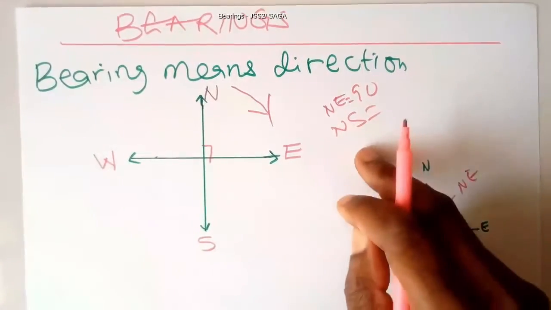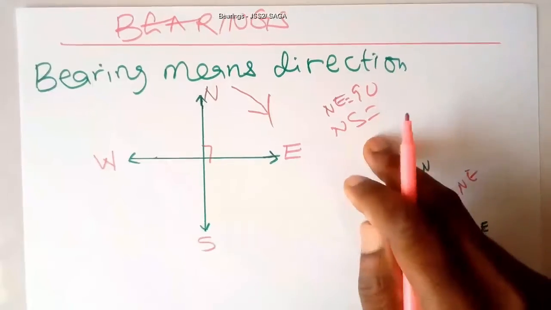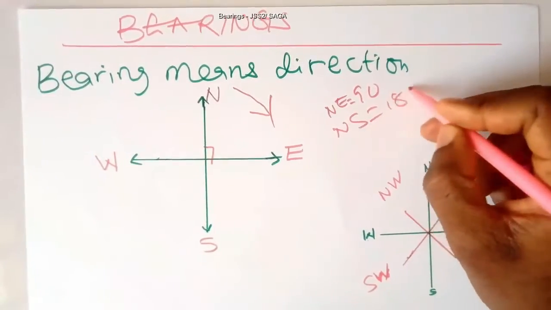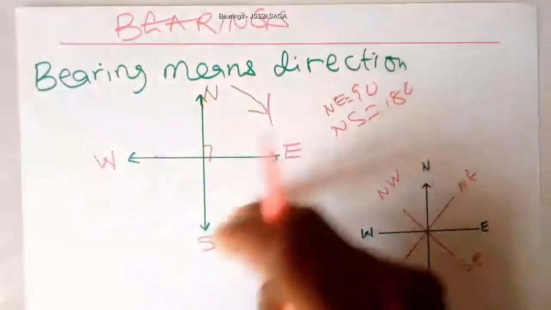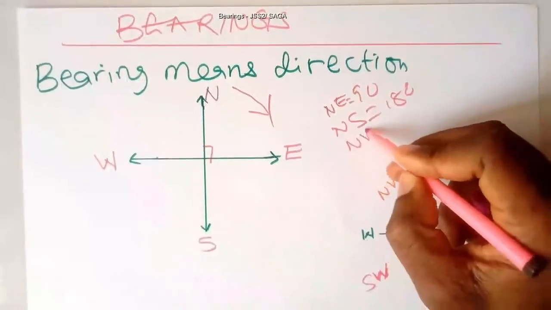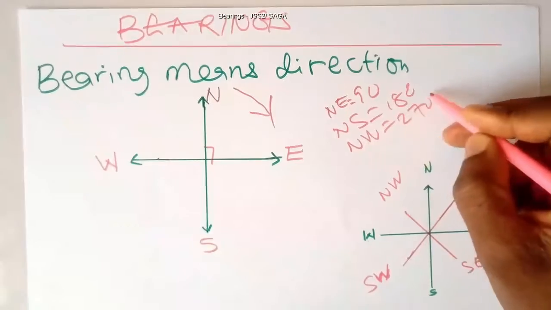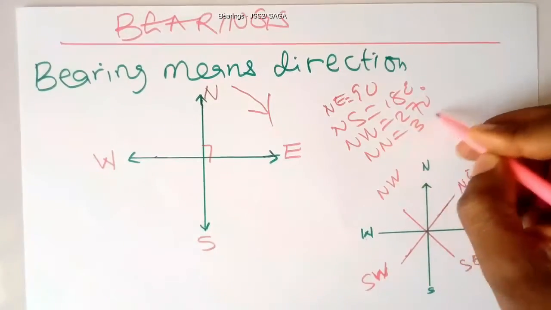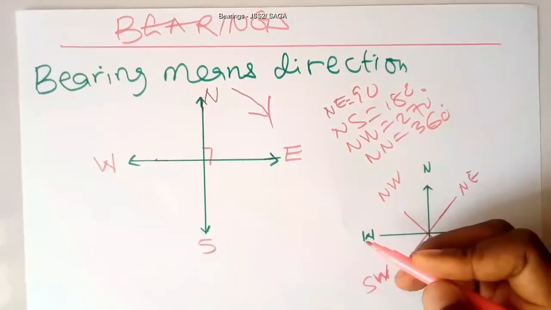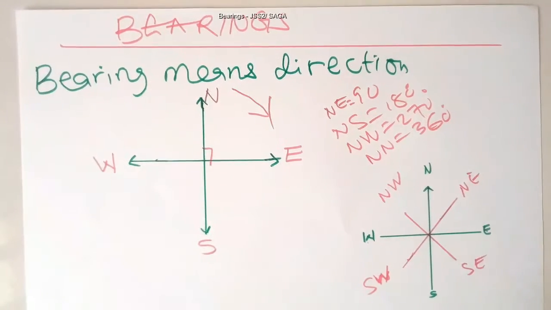Whenever you see NS, that is north to south, that is 180 degrees. Remember, clockwise. Then from north to west, northwest, that is 270 degrees. Then north to north is 360 degrees.